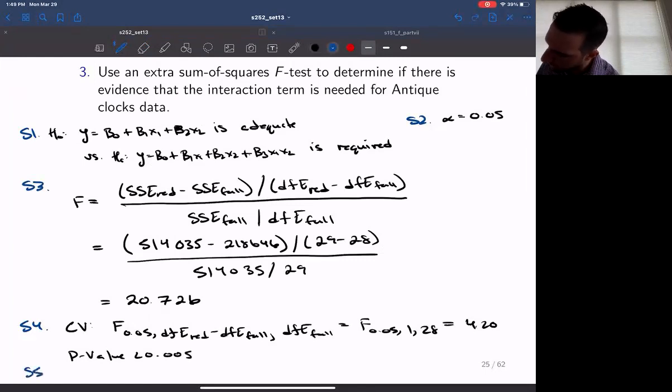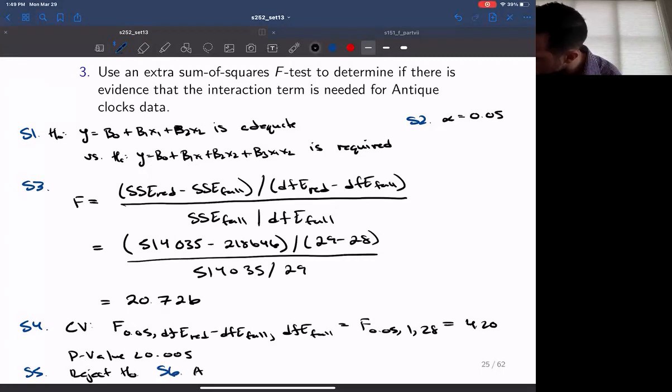Okay, so then on step 5, we can say reject H0. Basically what we're saying here is that the data provides evidence that the full model is required. But again, the beauty of this is that the full model is only including that one extra term in this particular case. So what this is saying is that we actually have evidence that that interaction term is useful.